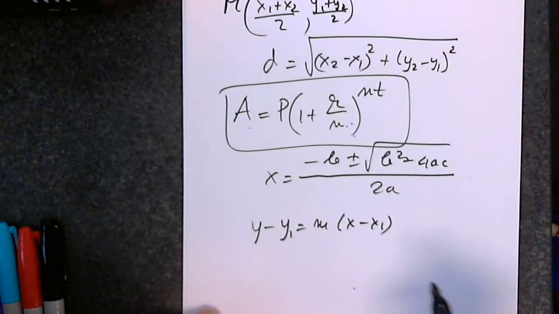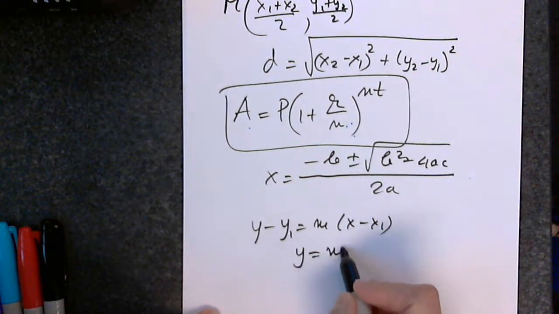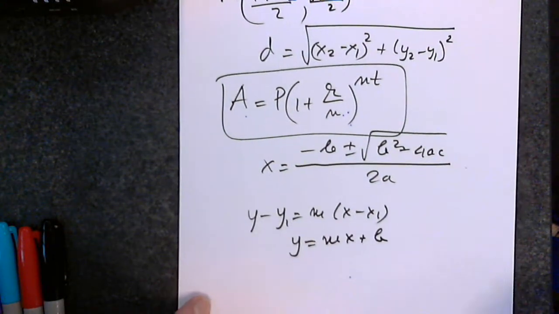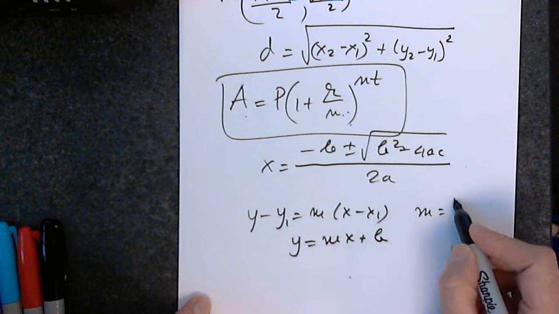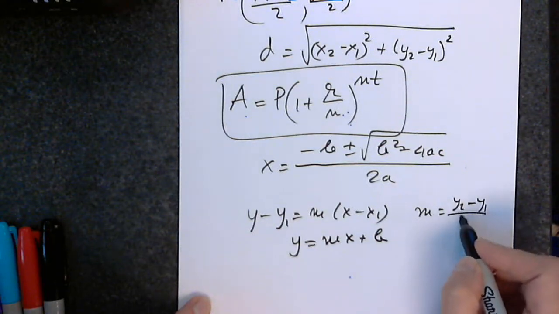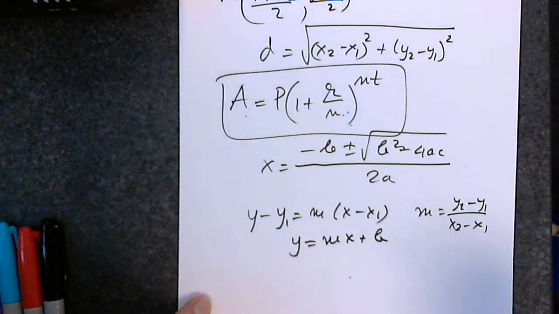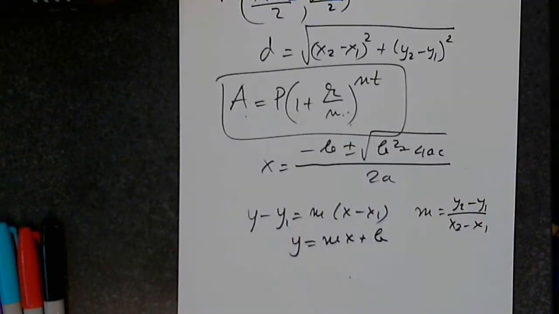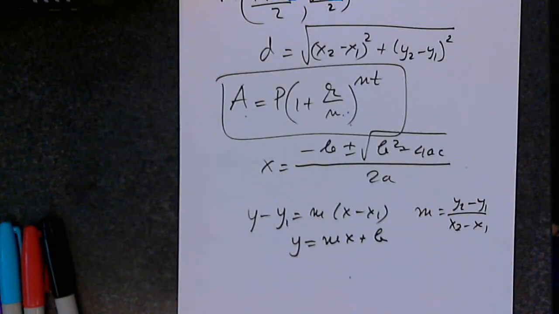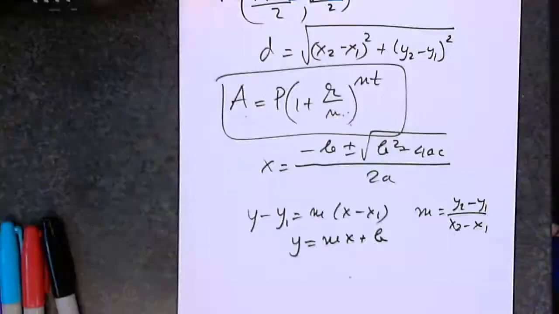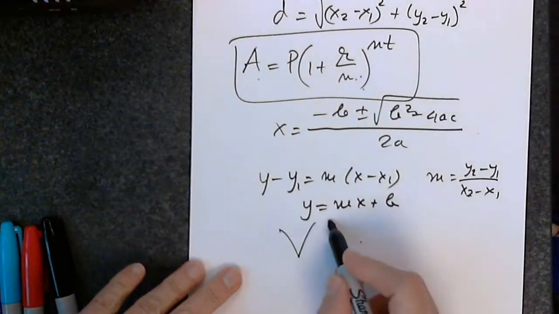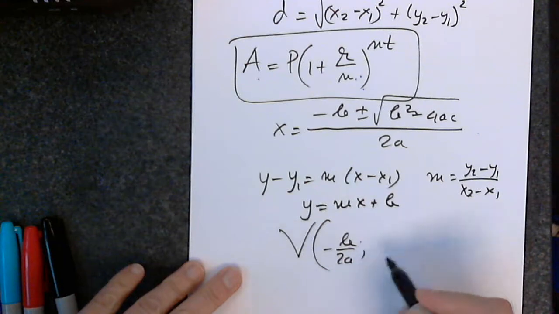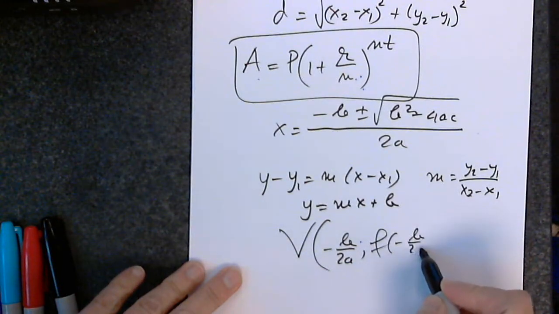You do know it from a long time ago. y equals mx plus b. You know it from a long time ago. m equals y2 minus y1 over x2 minus x1. Even if you want to forget those, you can't. What else do you think? The vertex formula: negative b over 2a, f of negative b over 2a.